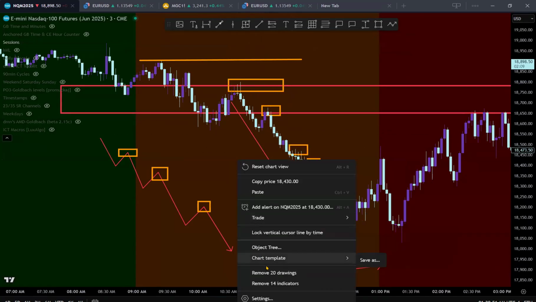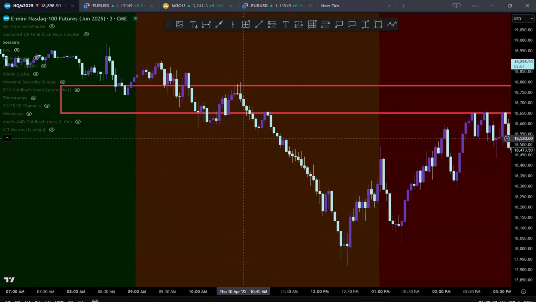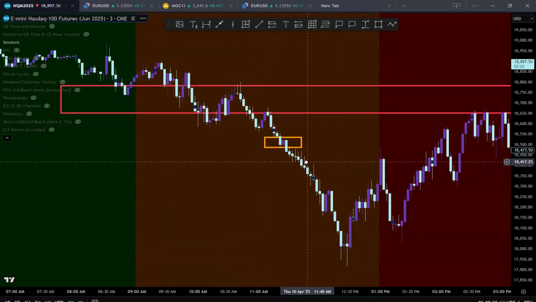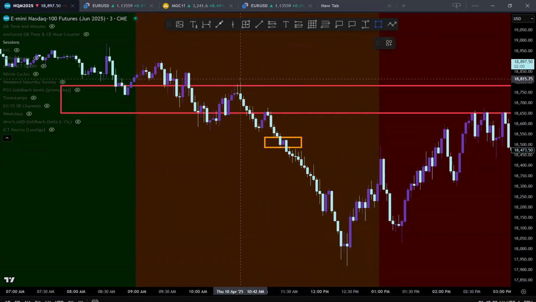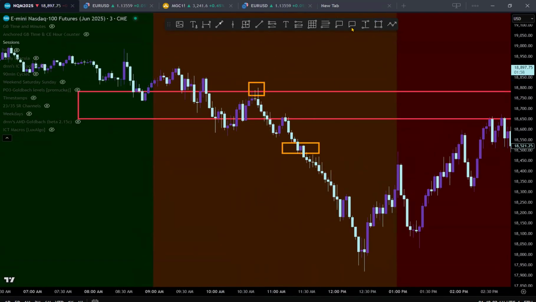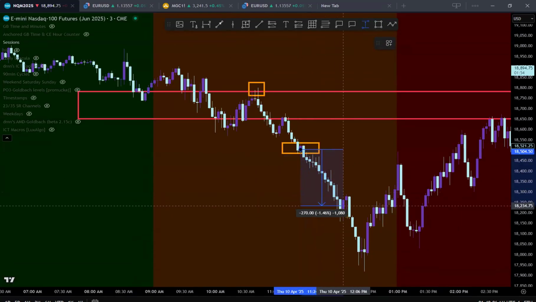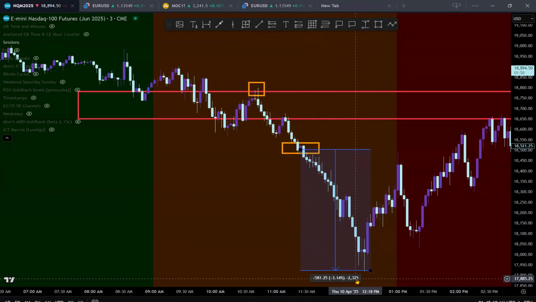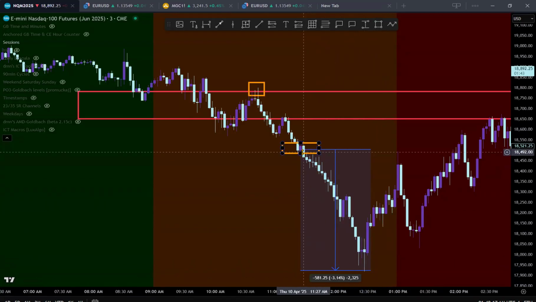No. And you also notice how you realize that you're in a mitigation block. No, you do not need full tops and bottoms all the time. And when I measure it, even just from here, that's plenty of space, plenty of size. 2300 ticks right from there.